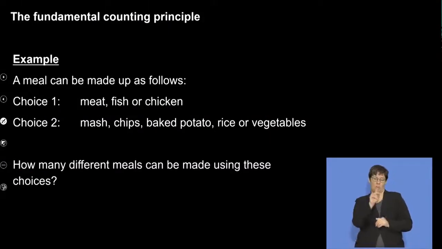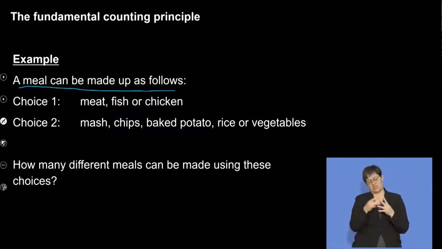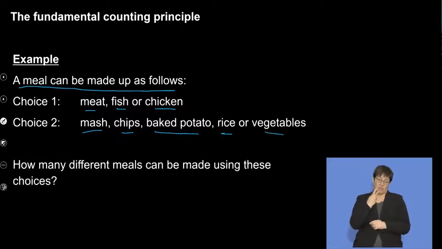So let's look at an example here. A meal can be made up as follows. Here we have to choose a meal. Choice 1 is meat, fish, or chicken. Choice 2 is mash, chips, baked potatoes, rice, and vegetables.